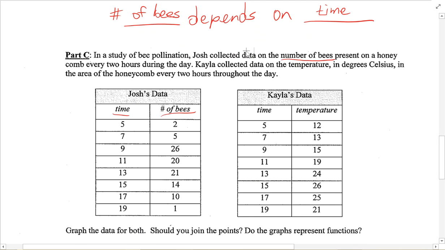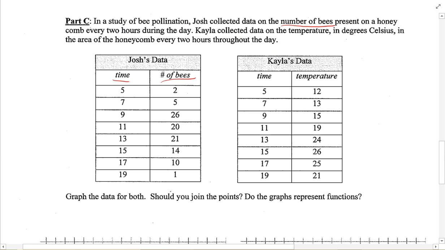And so what we can know then for Josh's data, okay, time is going to be our independent. It'll be our X values, and it will be our domain, and it'll be our inputs.